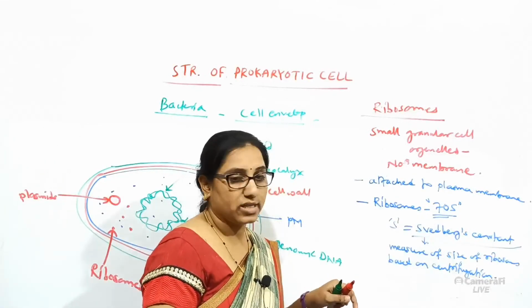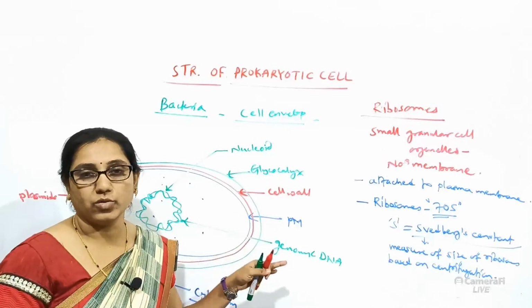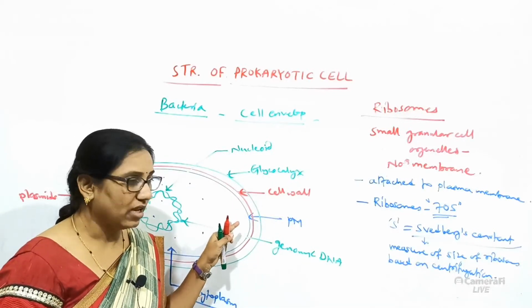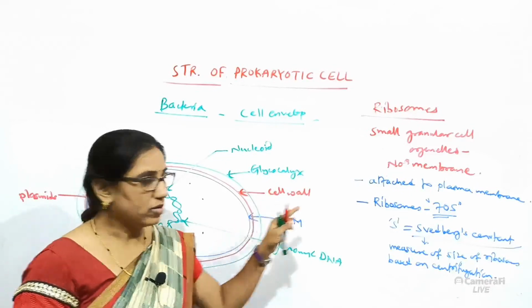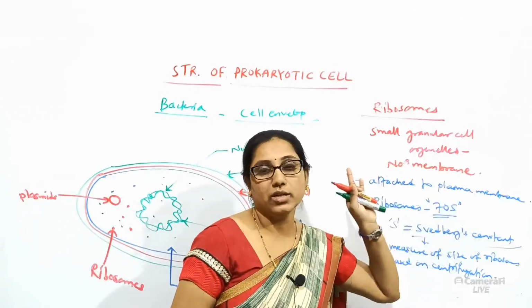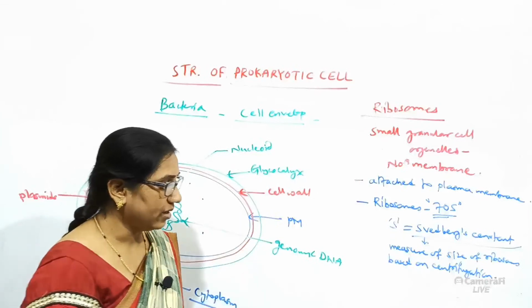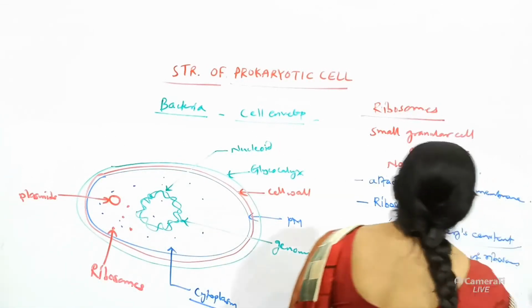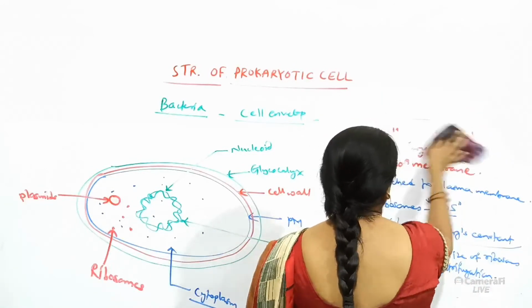So 70S type of ribosomes are found inside the cytoplasm of the prokaryotic cell, and commonly they are found attached to the plasma membrane. These ribosomes are made up of two subunits.